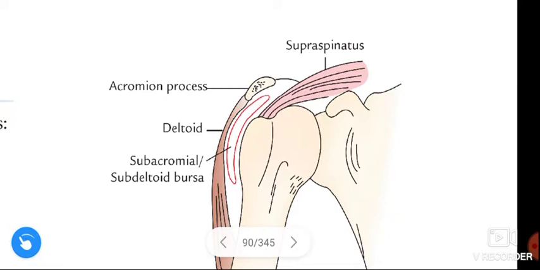Below, the supraspinatus tendon and joint capsule are present. This subacromial bursa is the largest bursa in our body, and it provides free movement of the supraspinatus.